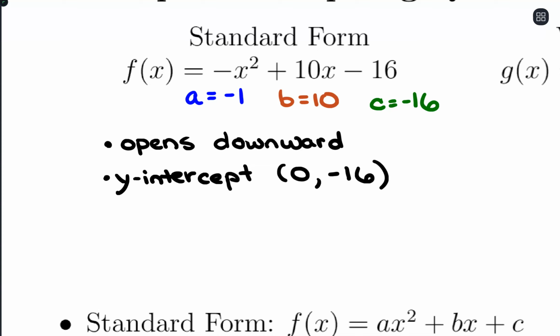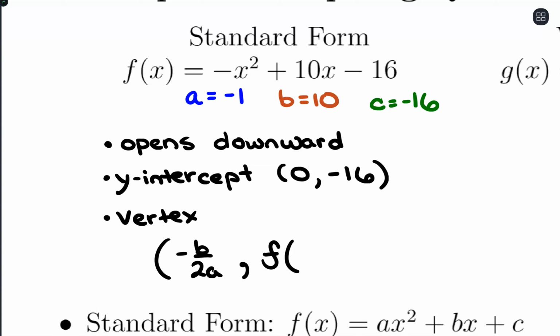And then we could calculate the vertex by using the -b/2a. I'm not actually going to calculate the whole thing here. This is just an example. And then plugging in that -b/2a to find the y-coordinate. And then, as we did in that last video, we can solve for the x-intercepts.